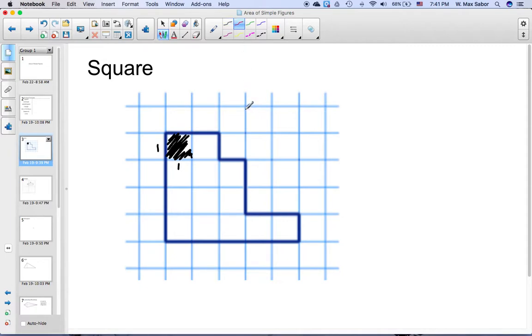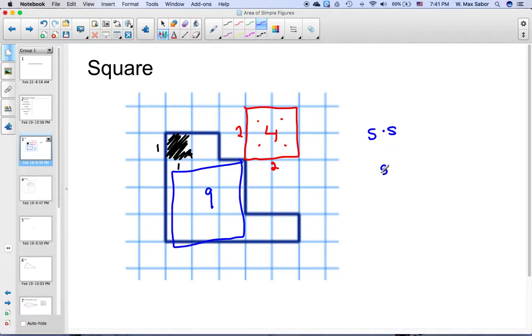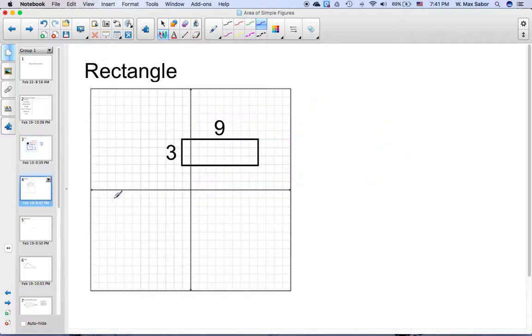If you look at larger squares with integer side lengths, you can count the boxes, and say a 2 by 2 is 1, 2, 3, 4. Or this 3 by 3 is 9. In general, it's the side length times the side length. In other words, the side length squared is the area for a square.